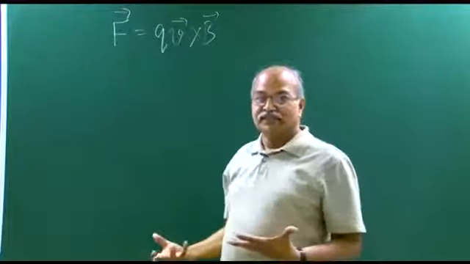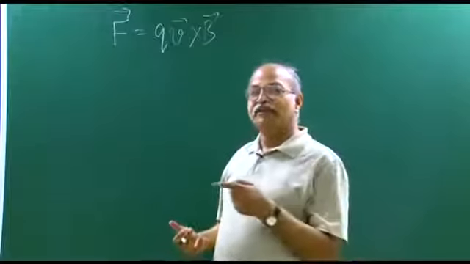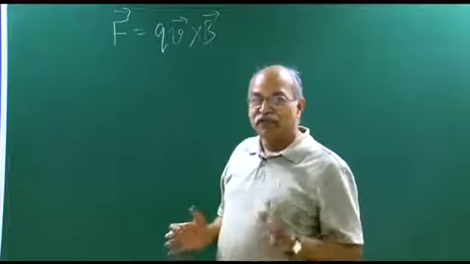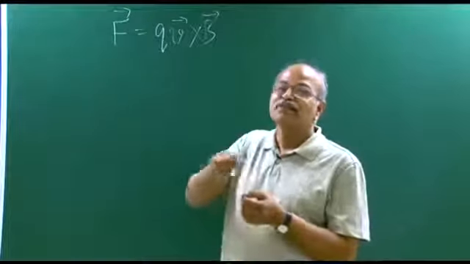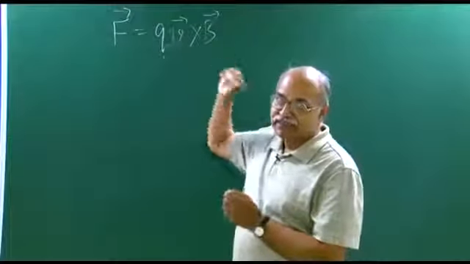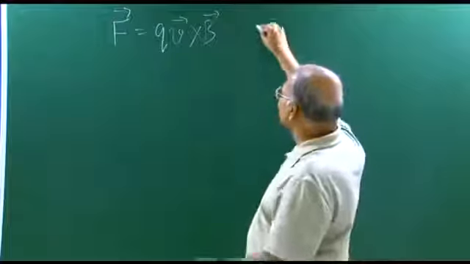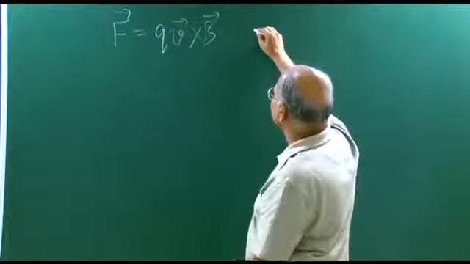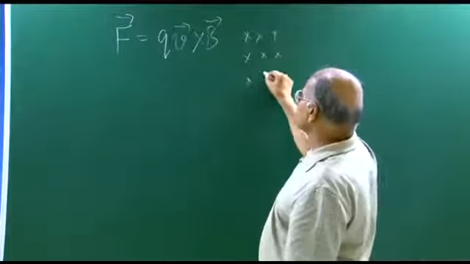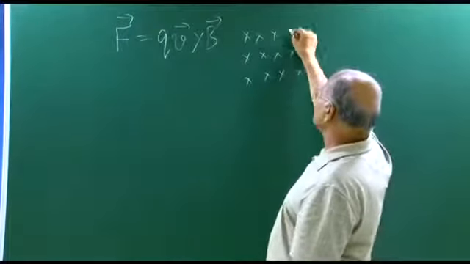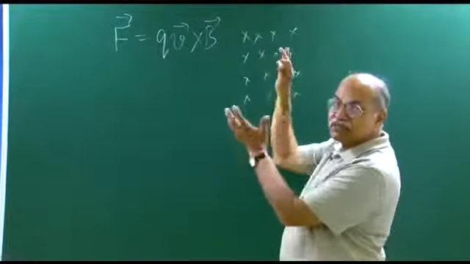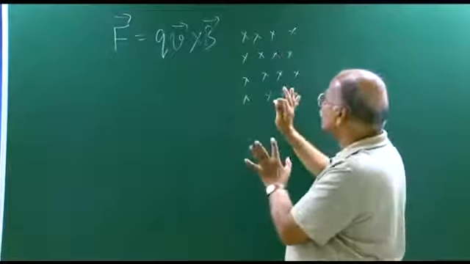And if you send a charged particle perpendicular to a uniform magnetic field, then it goes in a circle. That one can easily derive starting from here. So if you have a magnetic field, say magnetic field is going inside this board, so you have magnetic field shown by such crosses. These crosses are generally used for showing that the magnetic field is perpendicular to the surface and uniform.